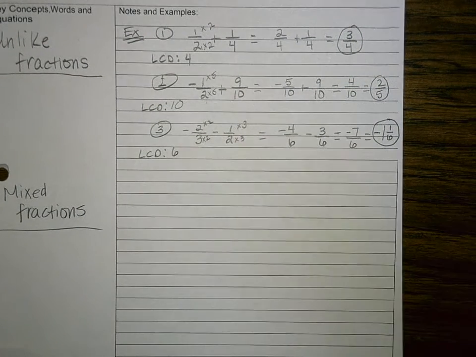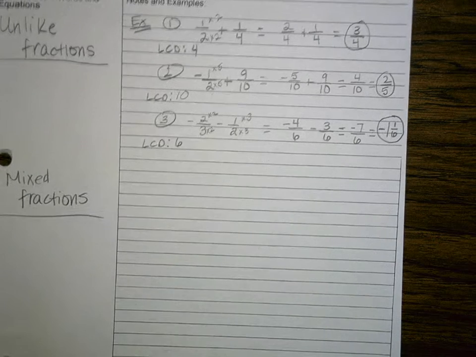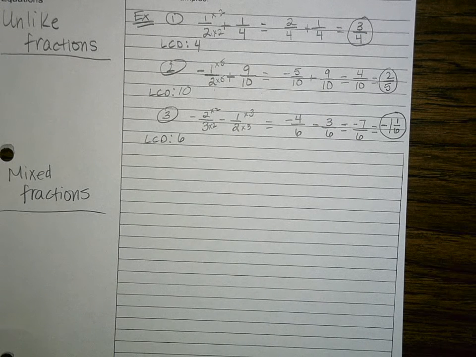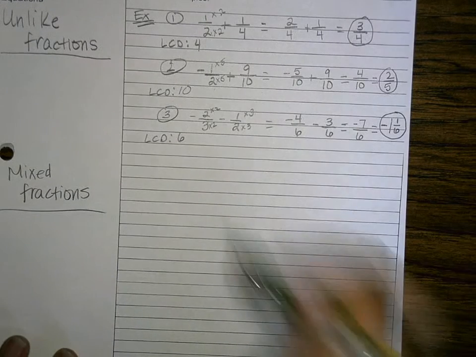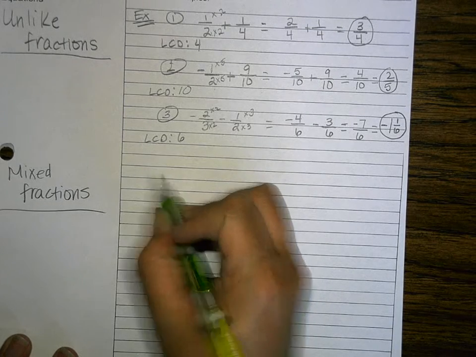Like people tell me, oh, in elementary school my teacher told me to do this or that, or I don't know what happened, but it feels like every year what kids are telling me is the long way to do it. Would you prefer the long way or the short, easy way? Short, easy way. Okay. A couple of you want to do it the long way because that's your habit and you want to keep it, and that's fine. But I'll show you the easy way, okay? So let's do another example for this.